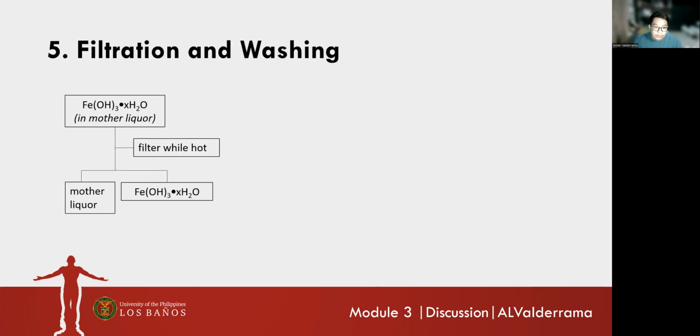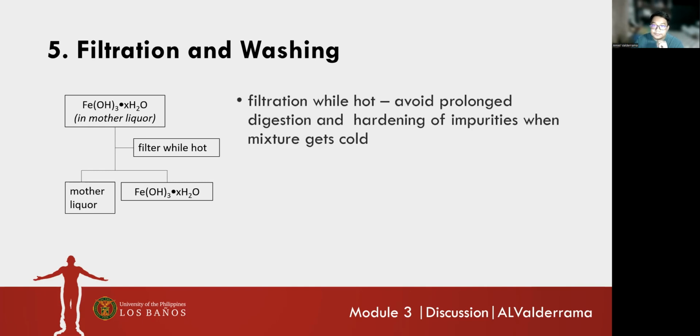By filtration and washing, the bigger particles of your precipitate will be filtered while hot, and washed with ammonium nitrate, which is your washing reagent. So why do we have to filter our solution while hot?